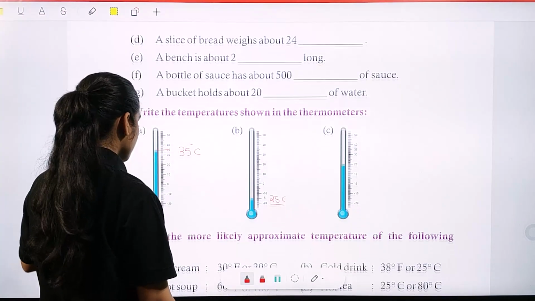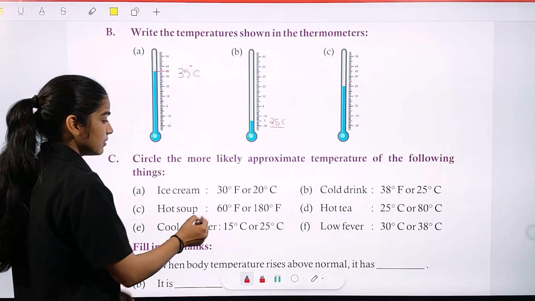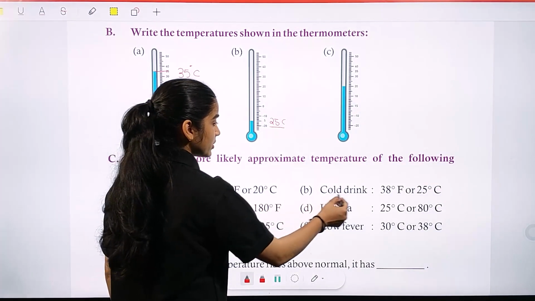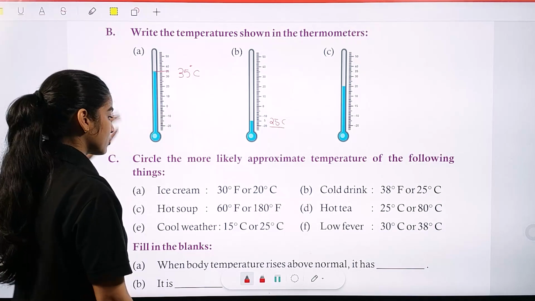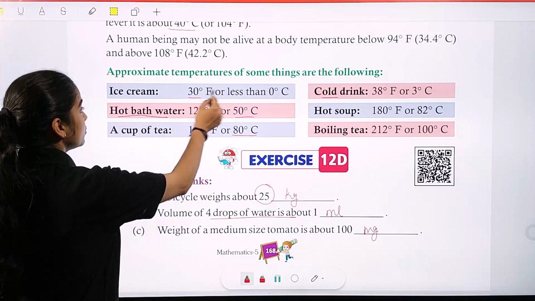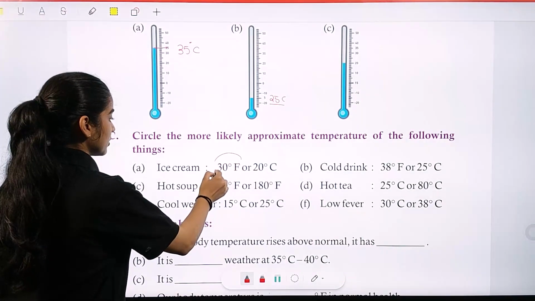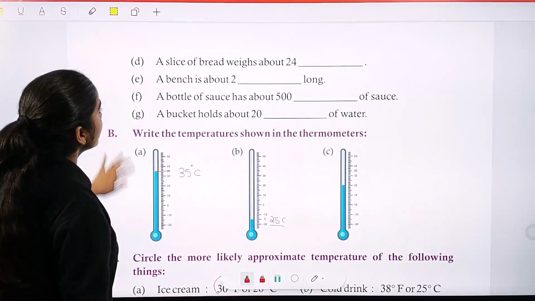Okay. Now circle the more likely approximate temperature of the following things. Ice cream 30 degree to 20 degree, cold drinks 38 or 25 degree. So 30 to 20. So what we 30 to 0 degree. So likely to be this. No, 30 degree Fahrenheit.